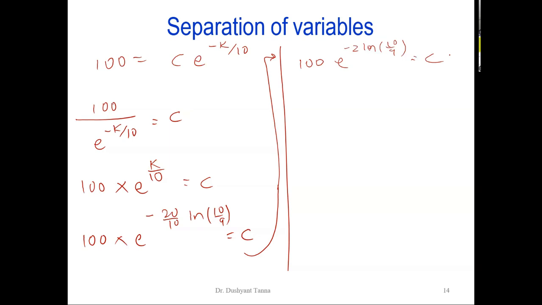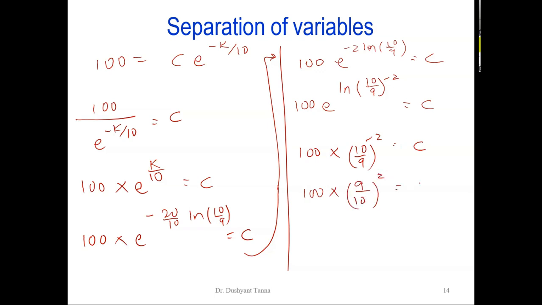The multiplier goes in as a power. So 10 over 9 to the power negative 2 is C. E and ln will cancel one another. So simply 100 times 10 over 9 to the negative 2 is my C. I flip it: 9 over 10 squared, because there was a negative power.